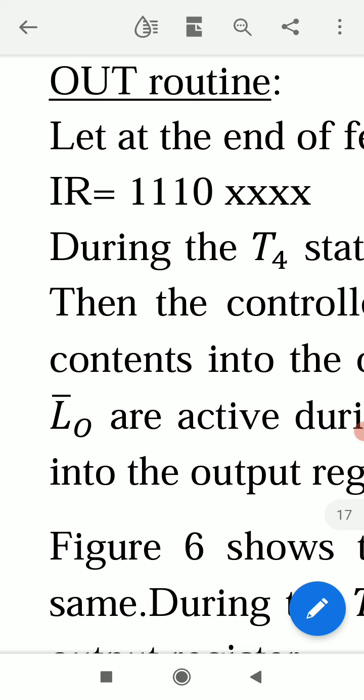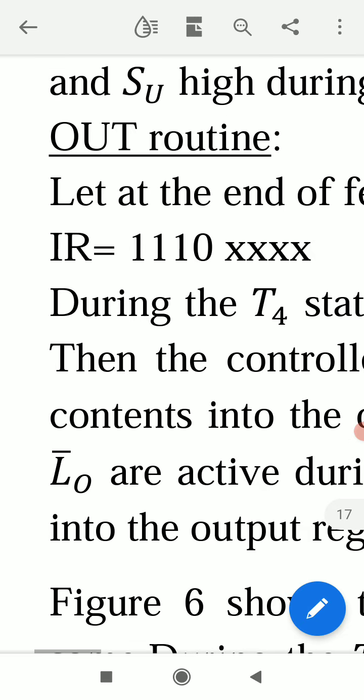First left side 4 bits are operation code for out, and right side 4 bits they can be either 0 or 1, whatever they may be. So these are written by X. These are don't cares. X may be 0 or 1.